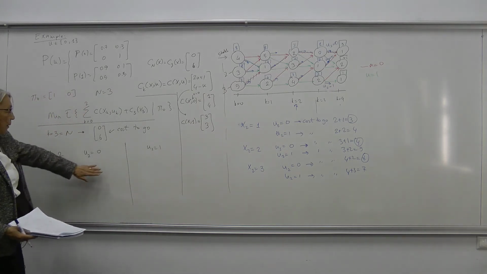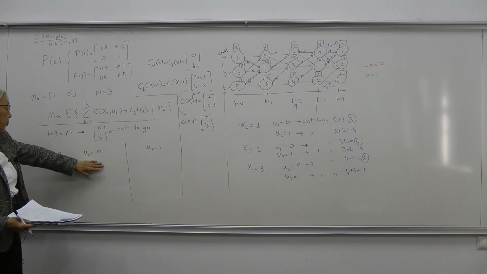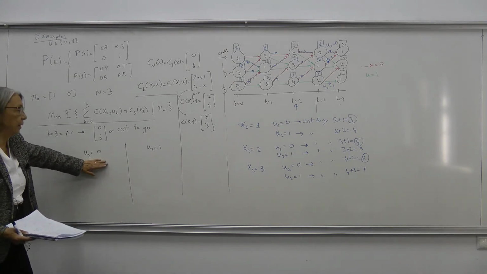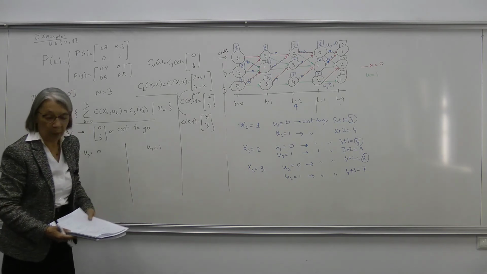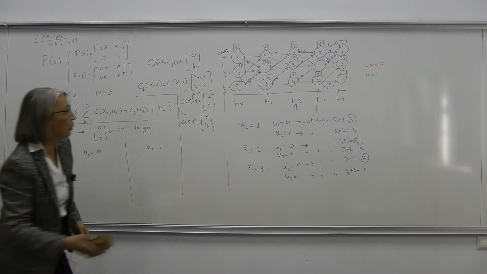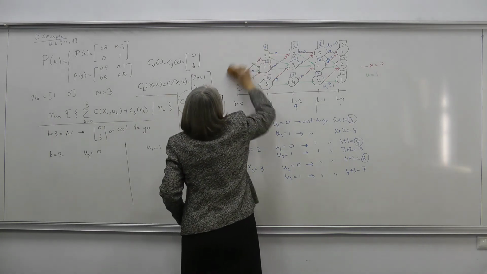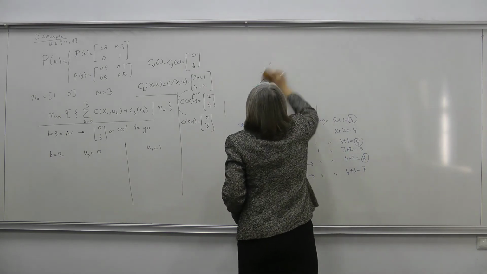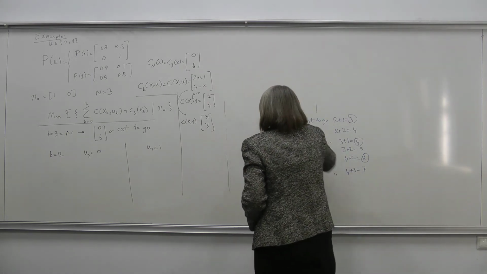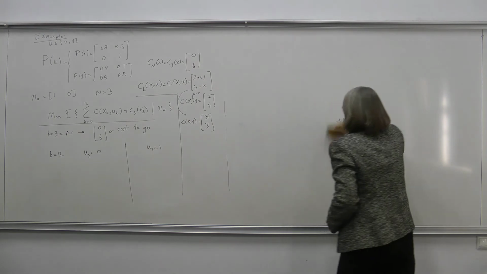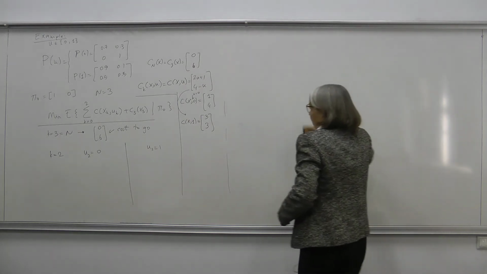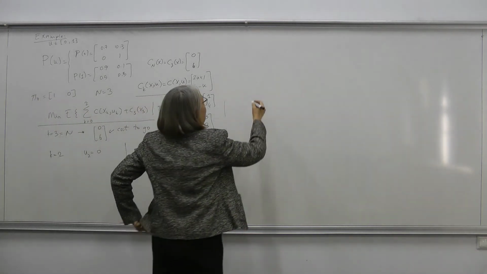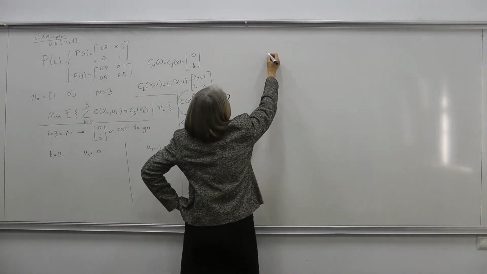And now let's return to this example, at this point. I can either choose u2 as 0 or I can choose u2 as 1. I will draw another diagram, but including only the 2 time steps.